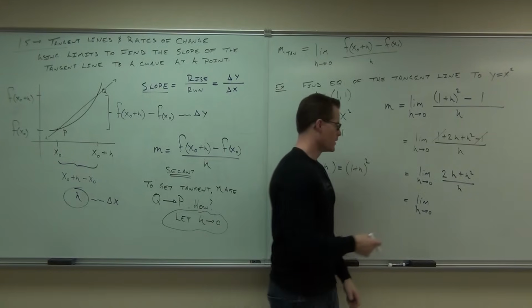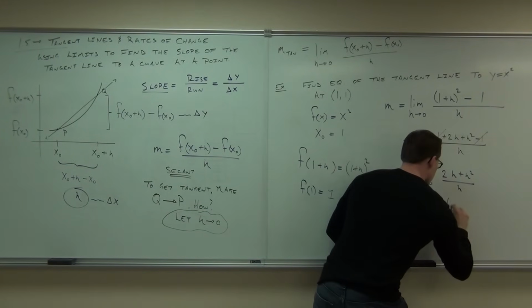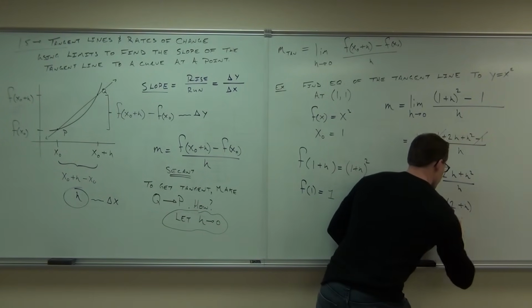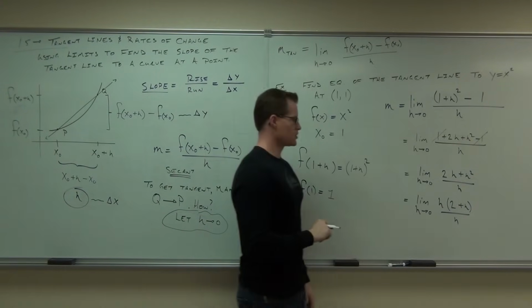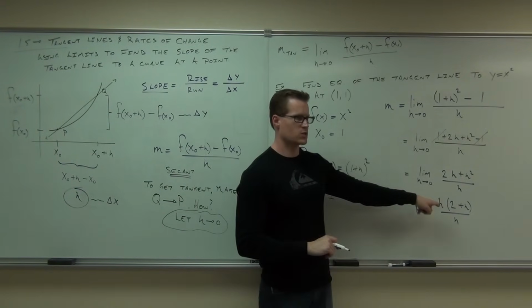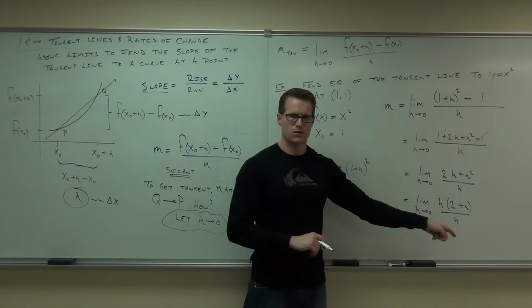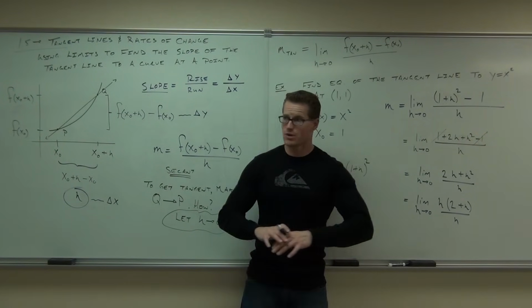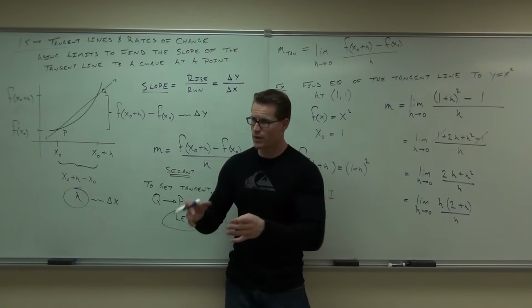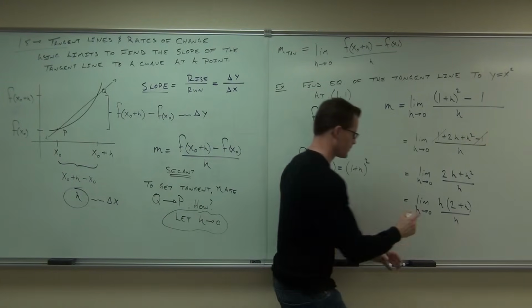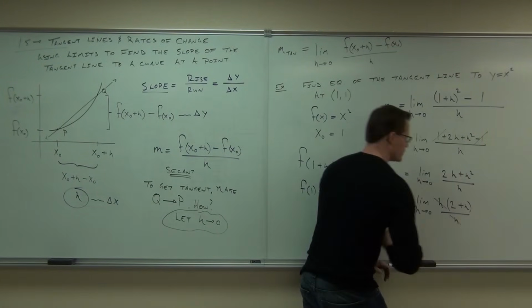Plug in the number. So here we have h times 2 plus h over h. Are you okay on the factorization? Can we cross our h's out? Notice how we don't need to get rid of all our h's, right? Just the one that's causing us the problem. Just that one.